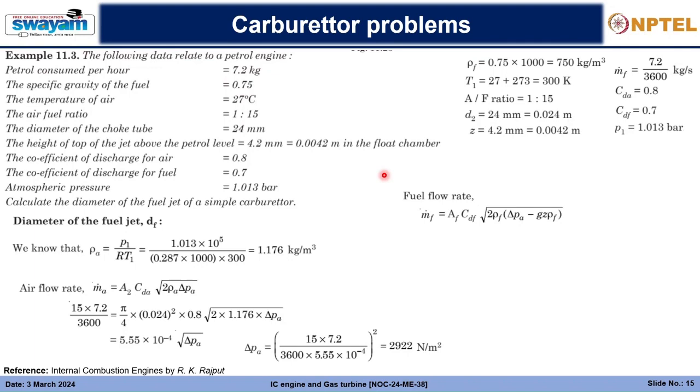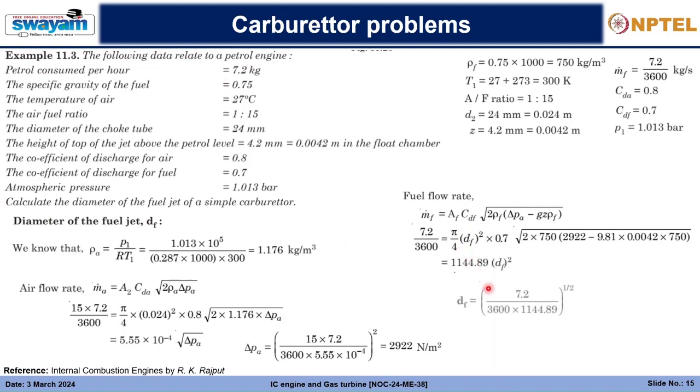That is actually required so as not to waste fuel when the system is not operated. So this is a necessary evil, as we can say. In this formula we are left with only the area of the fuel jet, and since it is a cylinder, it depends only on the diameter, so we can solve directly for the diameter. Eventually we will find the diameter of the fuel jet to be 1.32 millimeter.